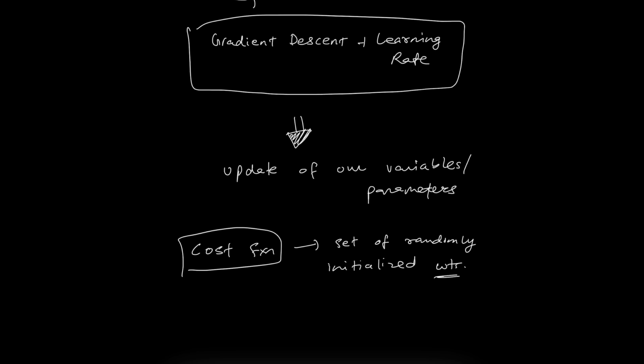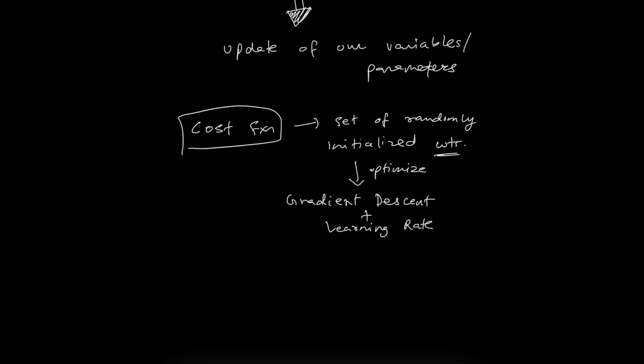So the cost function has initially a randomly set of weights, and how we optimize this is by going through the process of gradient descent, which is basically calculating the gradients and calculating the opposite direction of the gradient, plus the learning rate, which will give us the size of the optimal update at that given point, and then we update the parameters or the weights and compute the cost again.